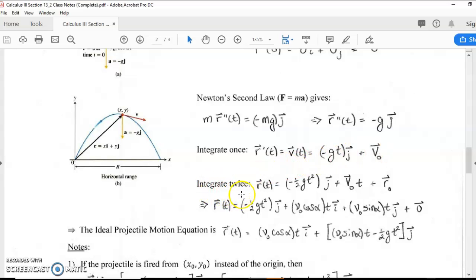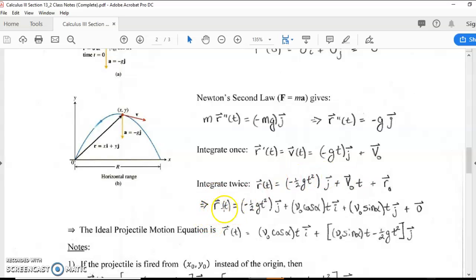Then we integrate again to get the position vector. If I integrate minus gt, I get minus 1/2 gt squared in the j direction, plus this initial velocity vector times t, plus some initial position vector. Again, that's 0 for now, but I could have any initial position. It doesn't have to be at the origin.